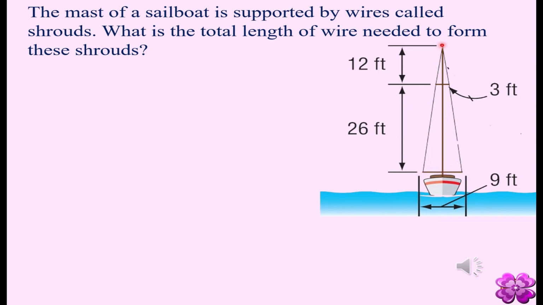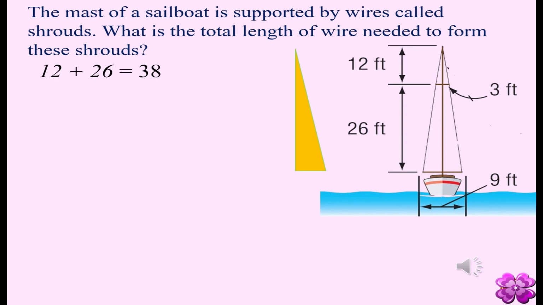So the height of the mast is nothing but adding 12 and 26. It means the total length of the mast is 38 feet. Okay, let's just draw a triangle similar to one of them, like this.